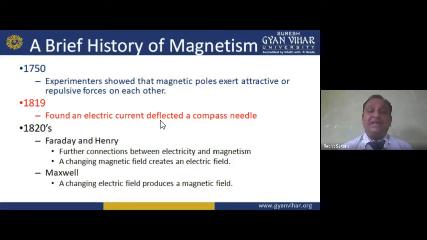So if we are varying the current, we have a magnetic field. This was suggested by Maxwell: a changing electric field produces a magnetic field.